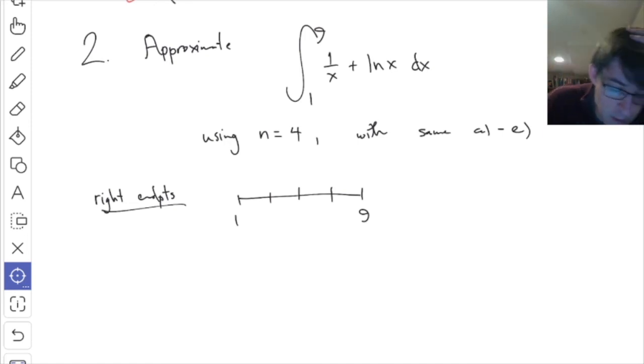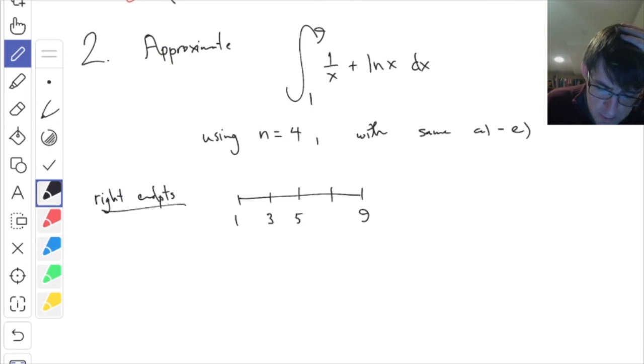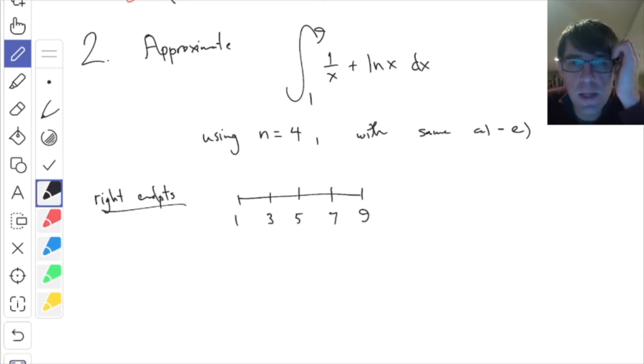Any masters of common sense out there? What are these other points? Like, what's the leftmost one after the 1? 3. Yeah, I think it's 3. I want to label these points here, and I think what you get will be 3, 5, and 7, right? If you just divide this up evenly, they end up being 3, 5, and 7.